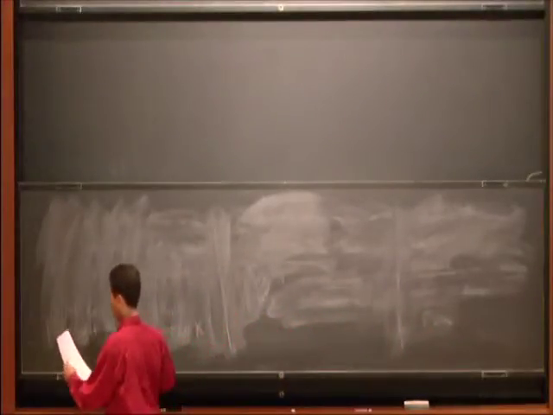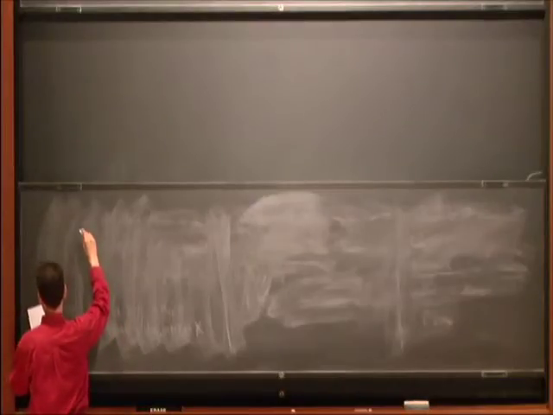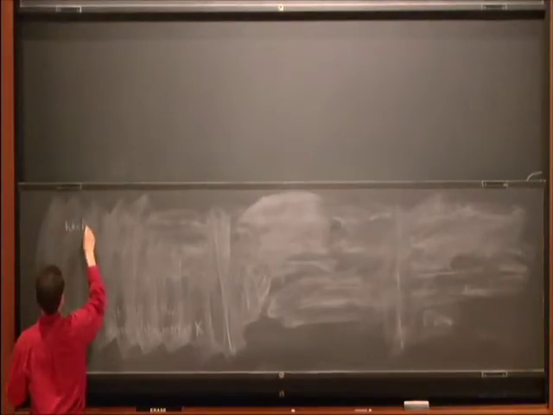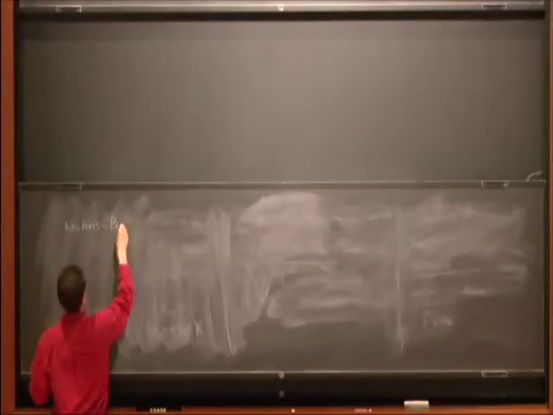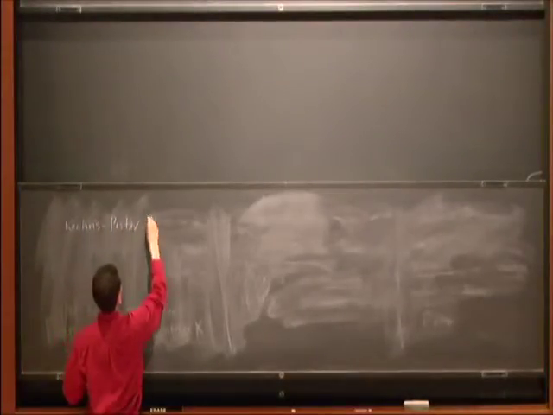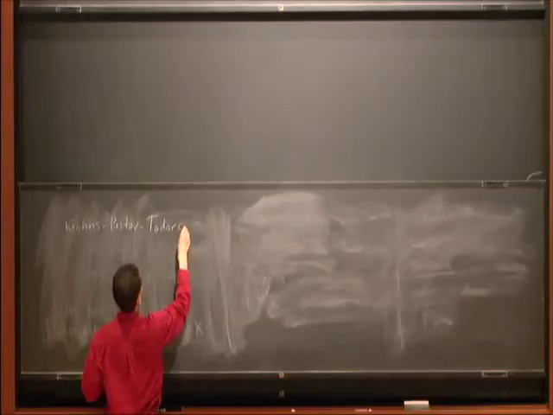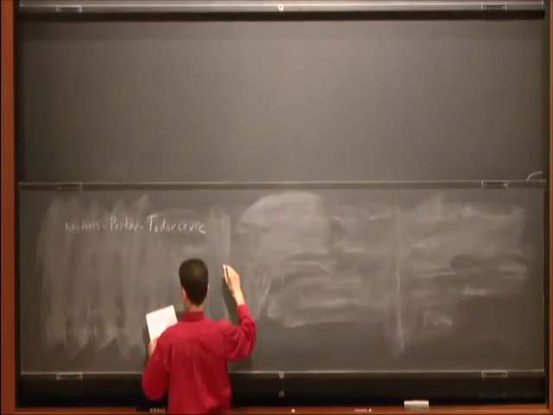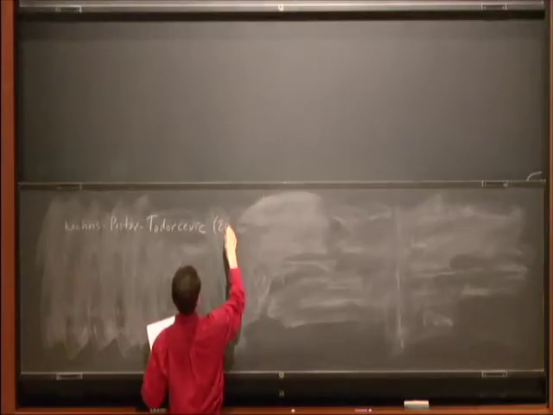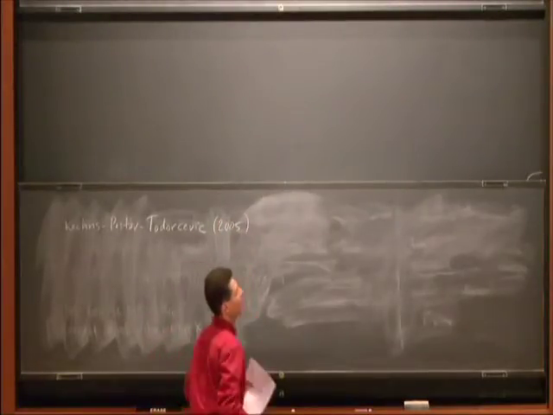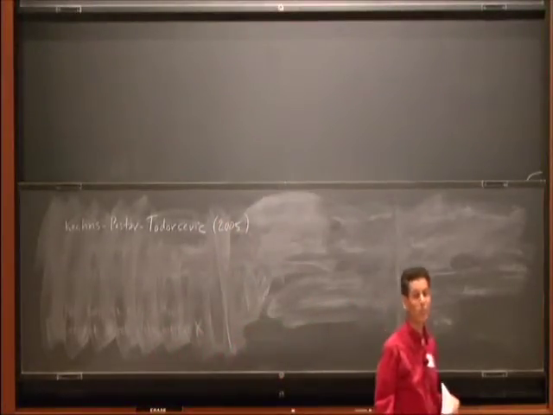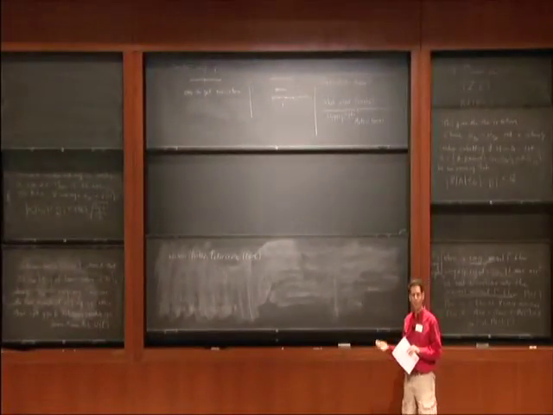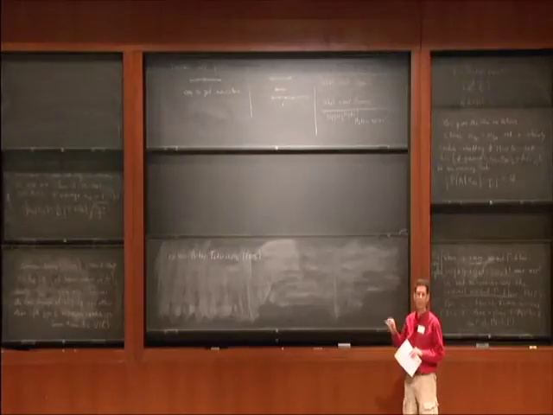For this, I need to tell you very briefly about an important paper of Kechris, Pestov, and Todorcevic in 2005. And what they did is give many more examples of calculations of universal minimal flows for closed subgroups of S infinity.